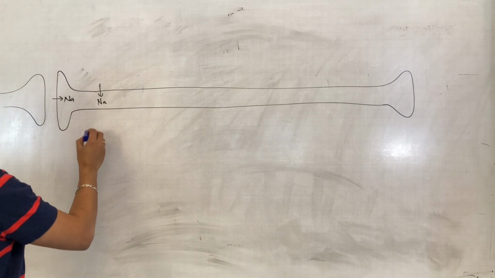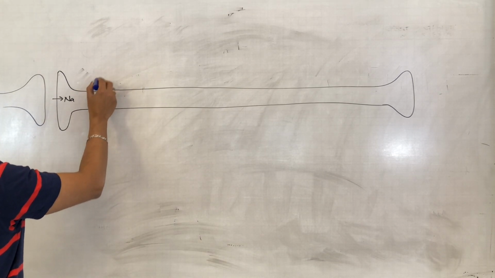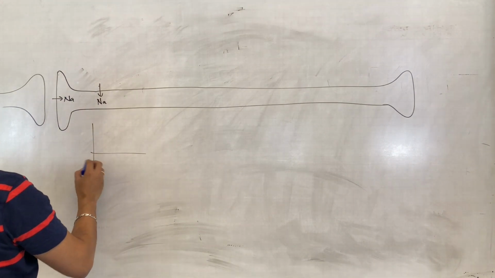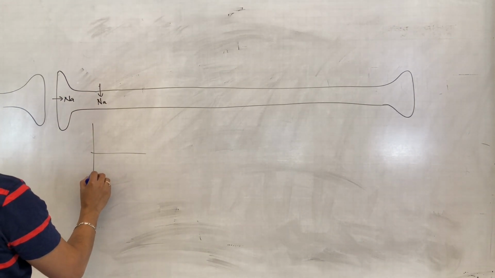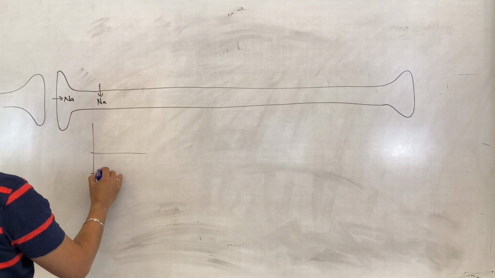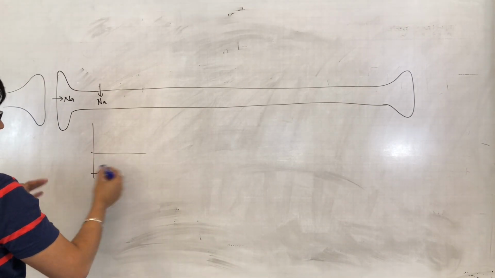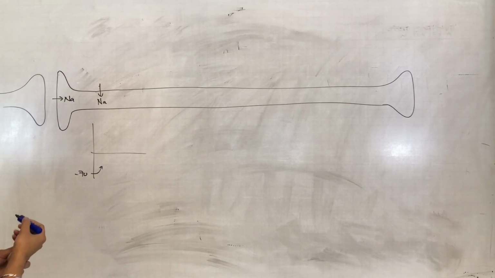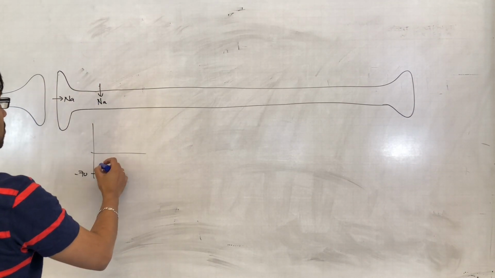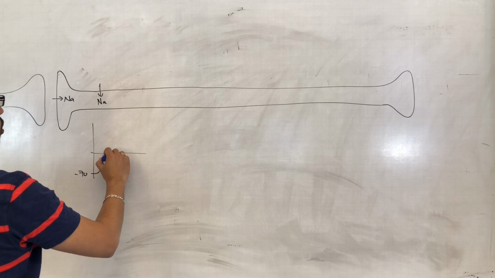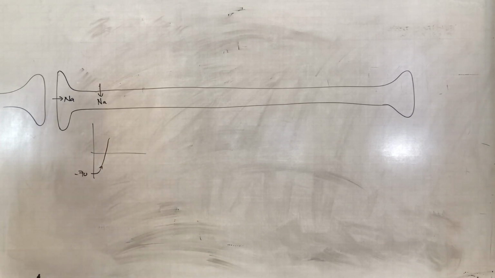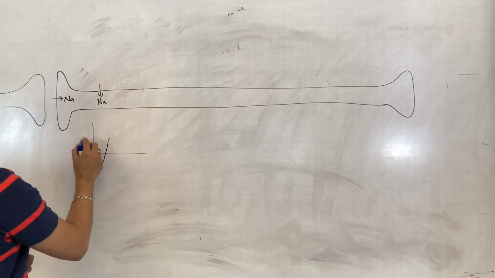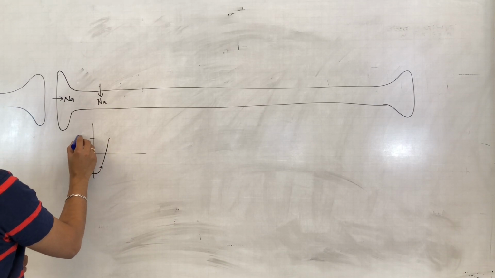Because of that, we start to get depolarization here. The potential starts to go up from the resting potential of -70 because sodium's coming in. When enough sodium comes in, you open enough voltage-gated sodium channels to reach the action potential of around +40.